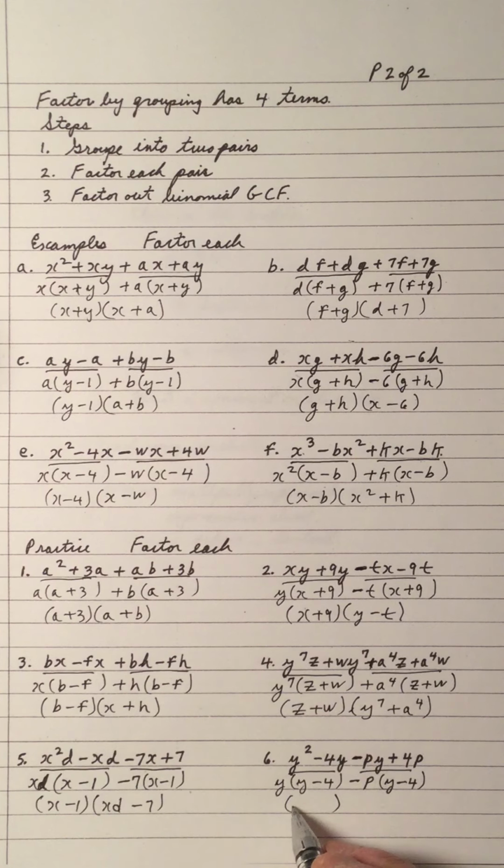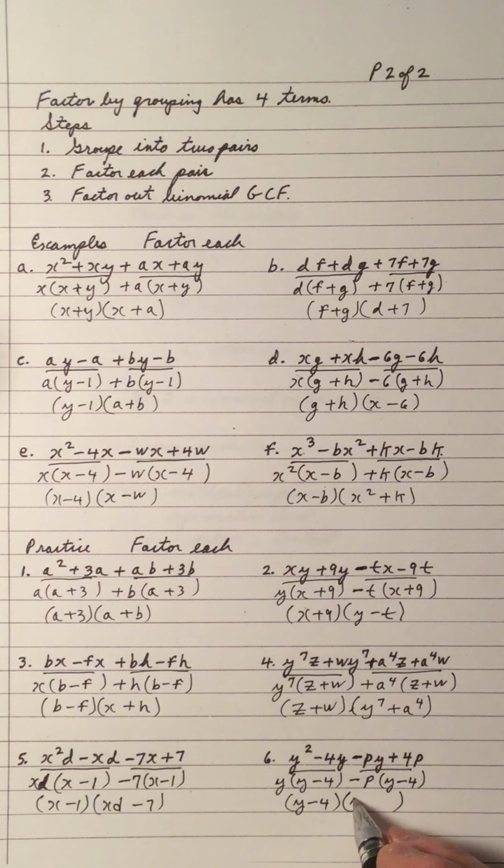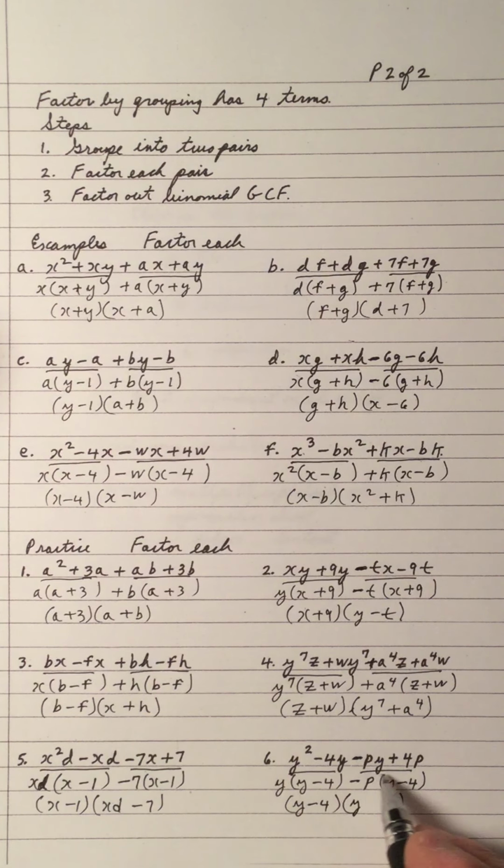And common binomial GCF, y minus 4, y minus 4, which means you're doing okay. Because these two should be the same to do the factoring by grouping. And when you take y minus 4 away or divide by it, you get a y left. When you divide this expression by y minus 4, you get a negative p.